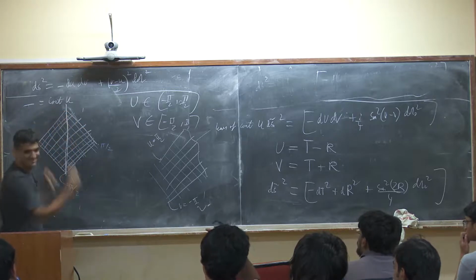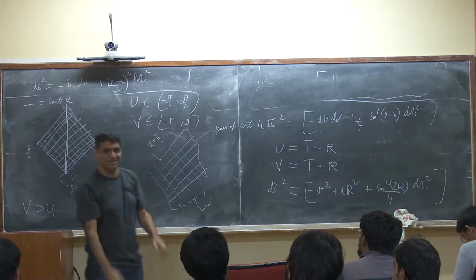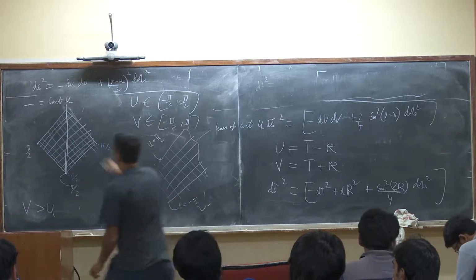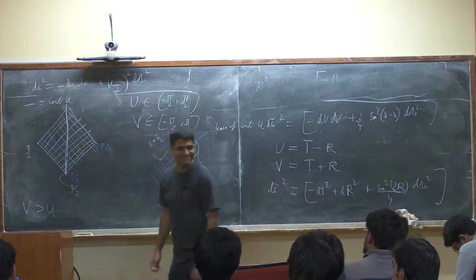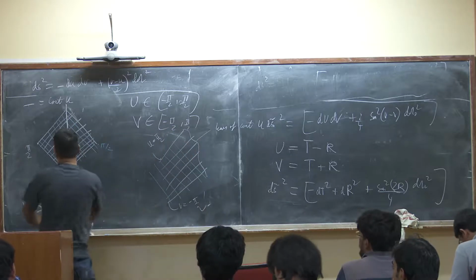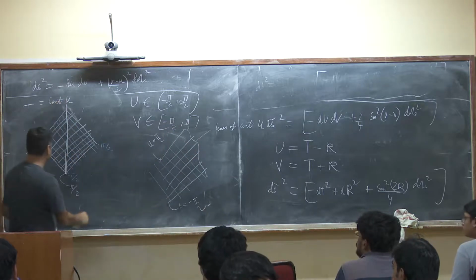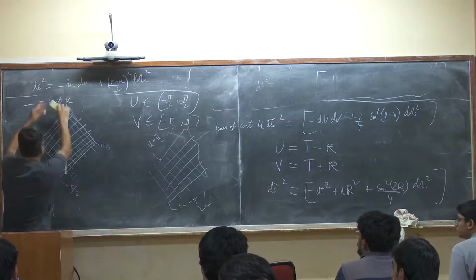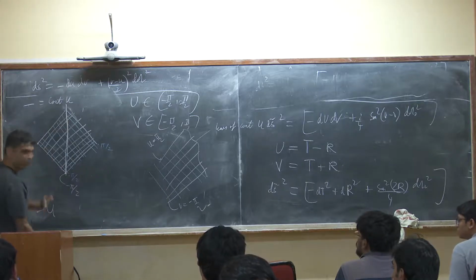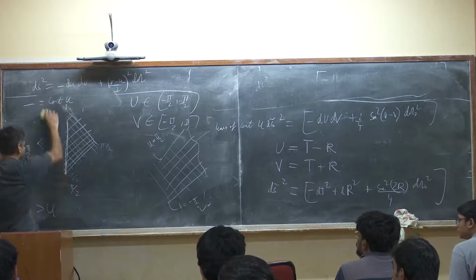There you go, this is the line V is equal to U, and V is greater than U in the right half. So this whole conformal compactification is this with this removed. Shall I remove it? Such a nice diagram.